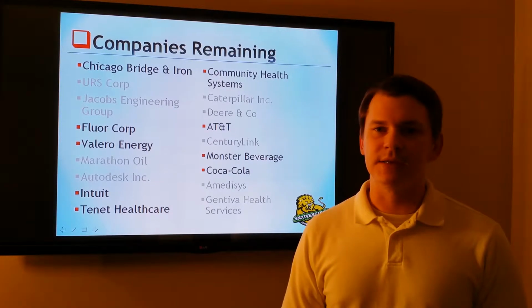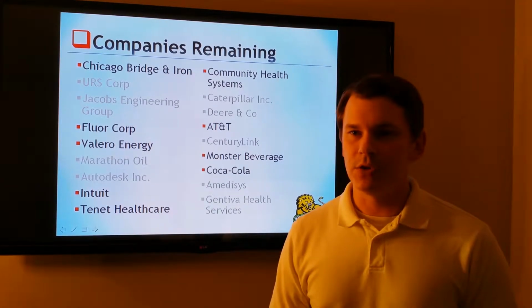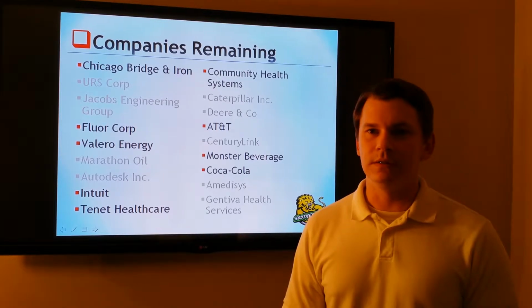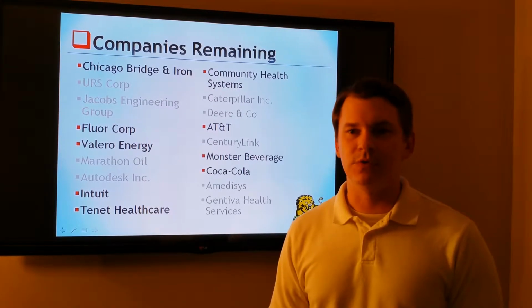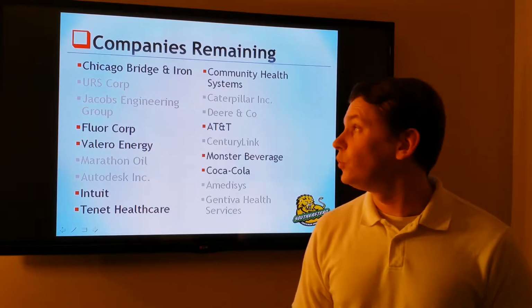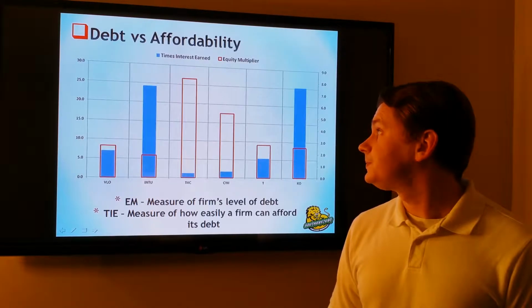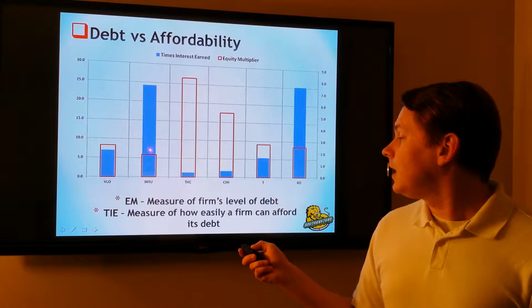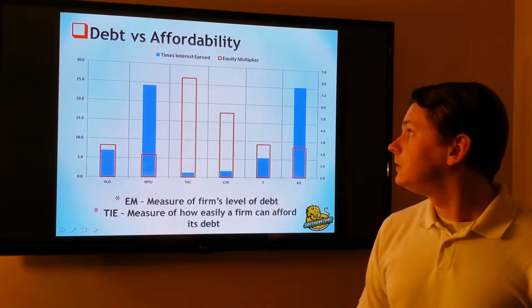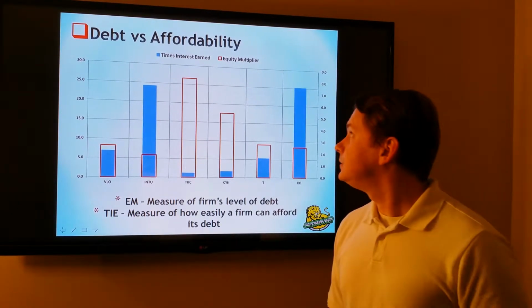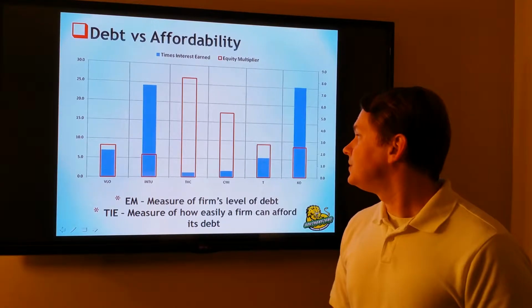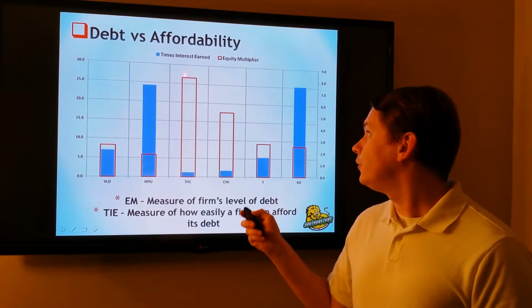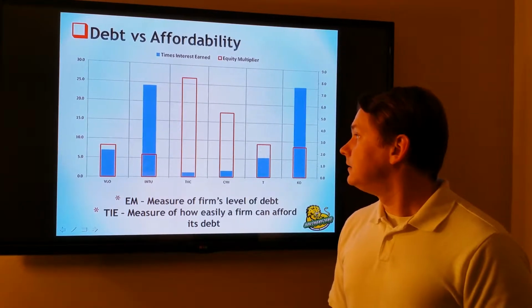The next measure that I looked at was really a question of using debt. Of course, it can magnify gains and or losses. But what I looked at was, in blue, how easily the firm is able to cover their debt, versus the equity multiplier, our kind of hollow red here, which is the level of debt.